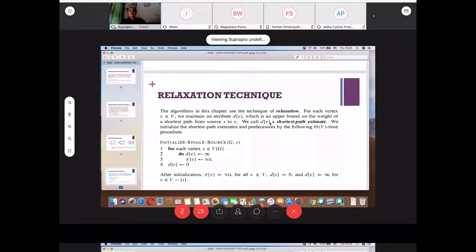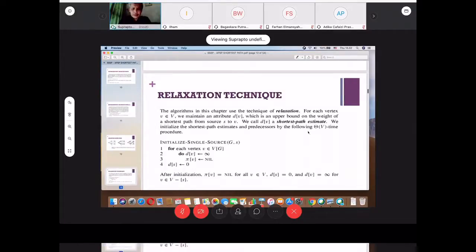To find the delta(S, V), you have to compute this attribute d in the process of finding the actual shortest path.